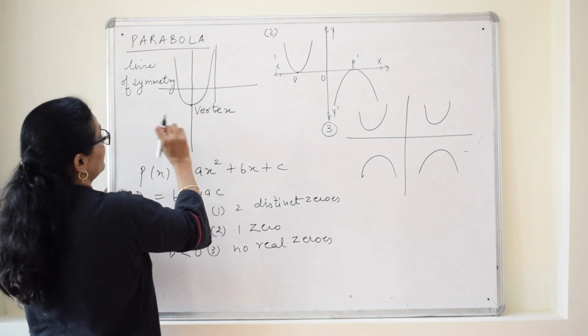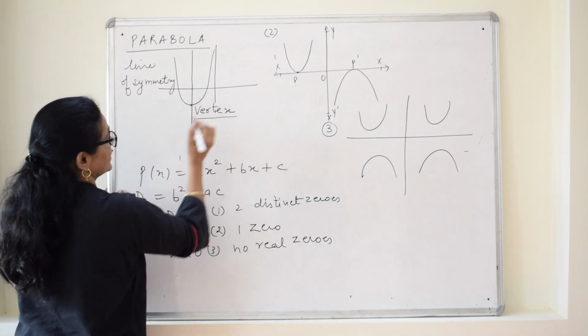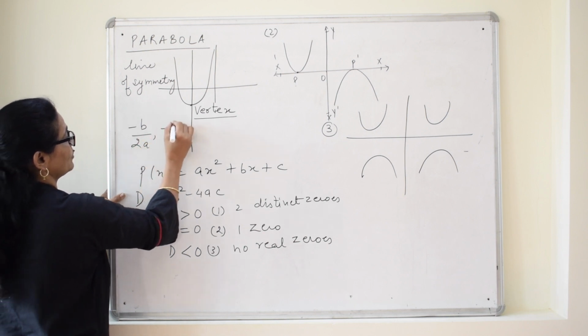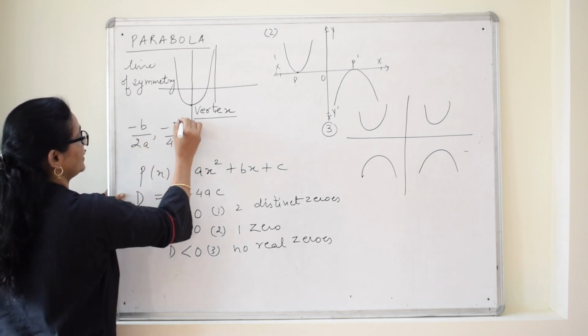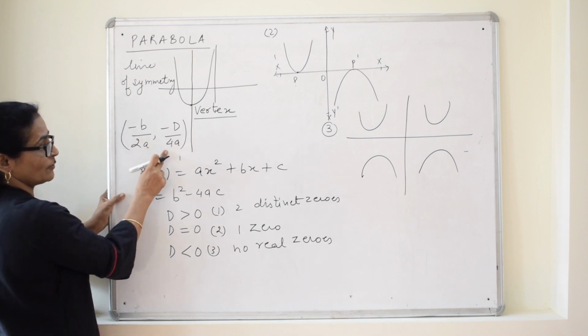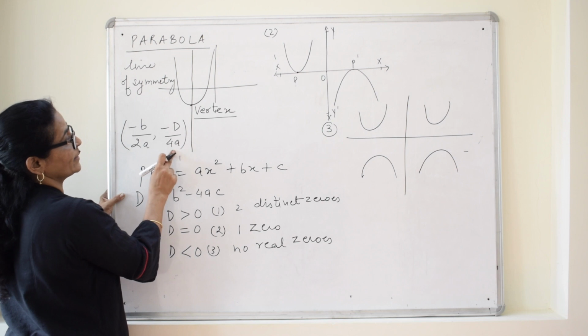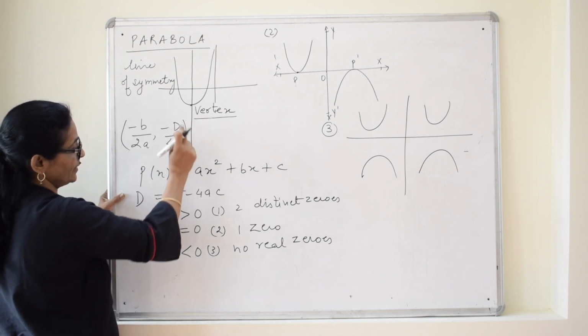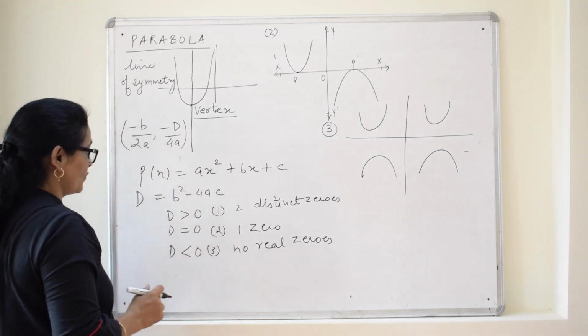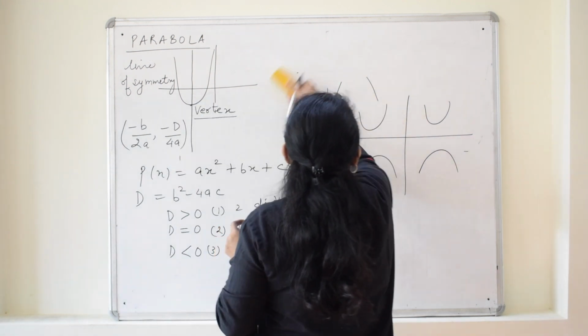Okay. Now when we say the vertex, there are coordinates of vertex which can be found this way. Minus b upon 2a and minus D upon 4a are the coordinates of the vertex where D is equal to b square minus 4ac.